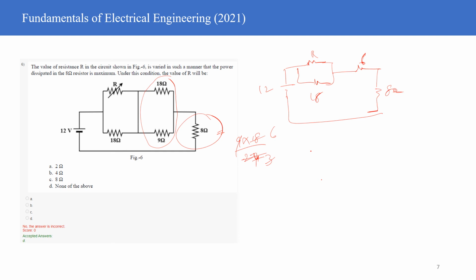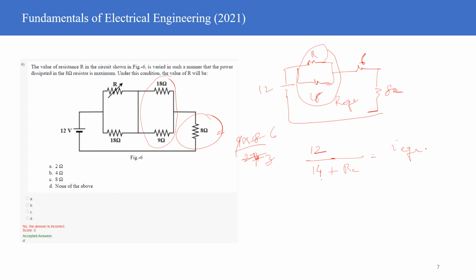It will be equal to 12 divided by 6 plus 8, 14, right? Plus the equivalent value of this thing, equals I equivalent. Correct?